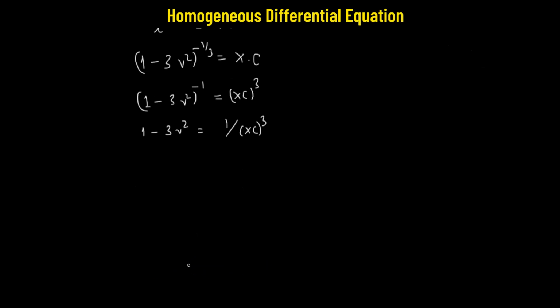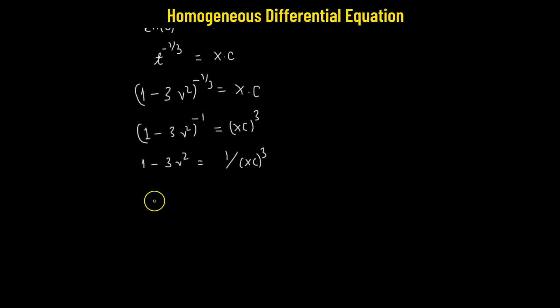And we also need to substitute the value of v with y over x. So we have 1 minus 3 times y squared over x squared equals 1 divided by x cubed times c cubed.